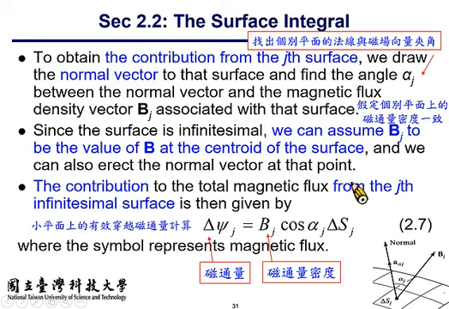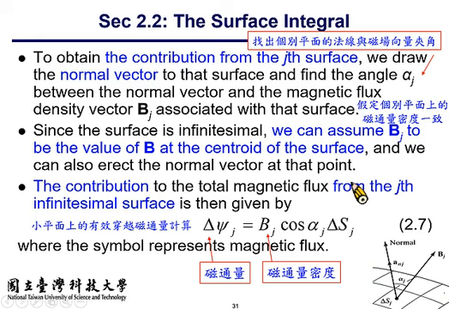Here you have delta phi. Phi is magnetic flux, and B is the magnetic flux density.